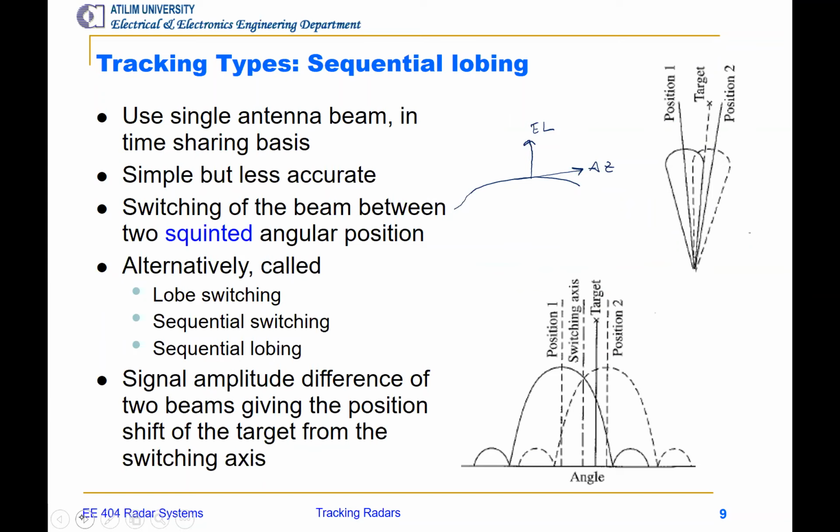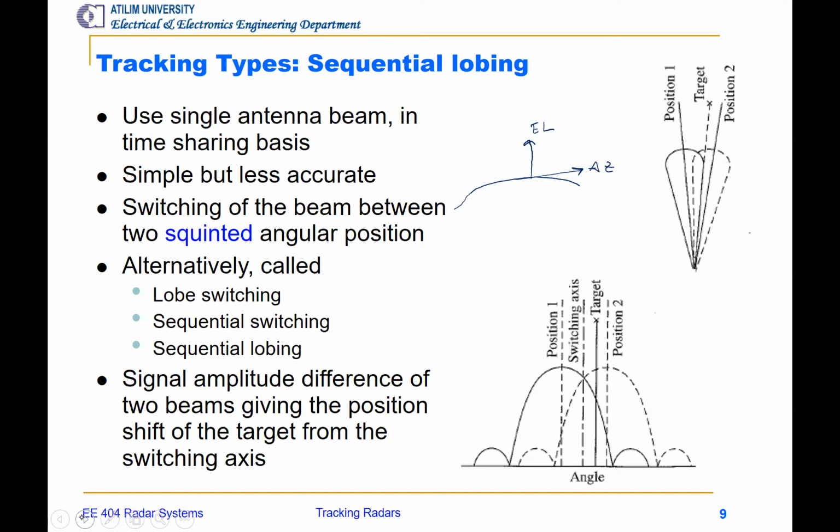So we are not moving anything. It might be stationary. We simply emit signal from the beams in order. So let's say 1 millisecond in one beam, and 1 millisecond in another beam, and so on.